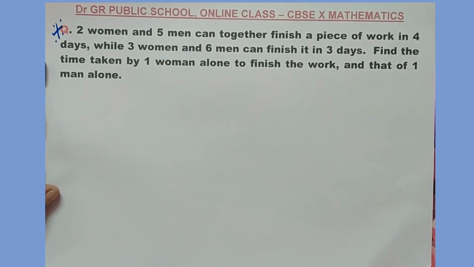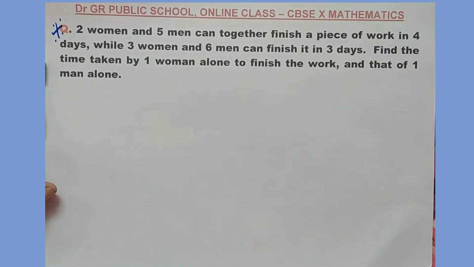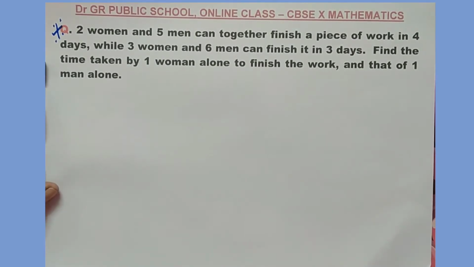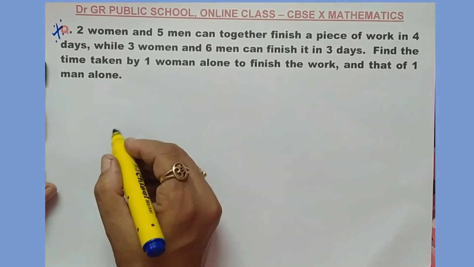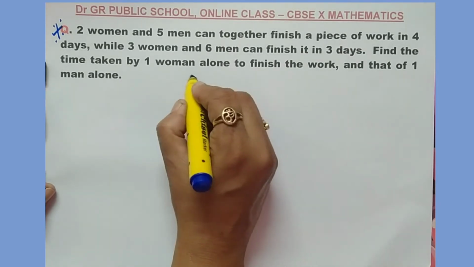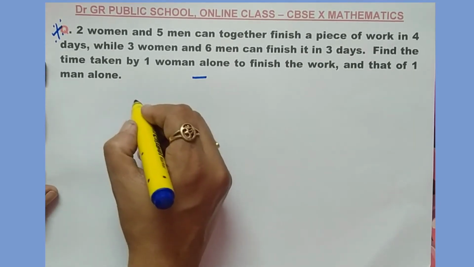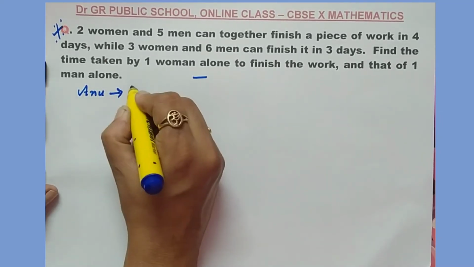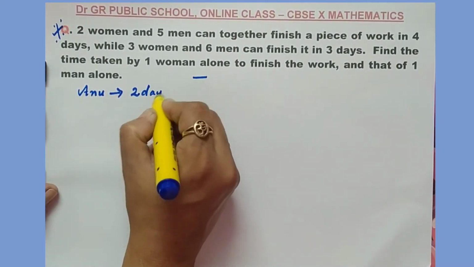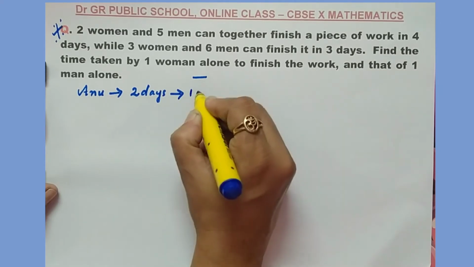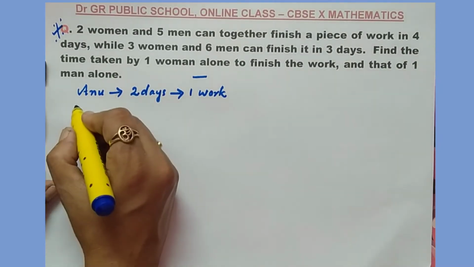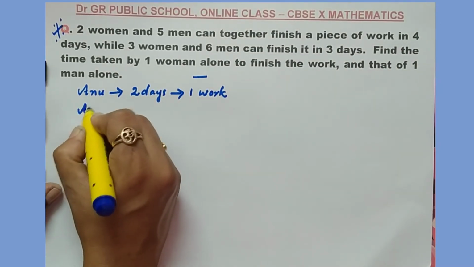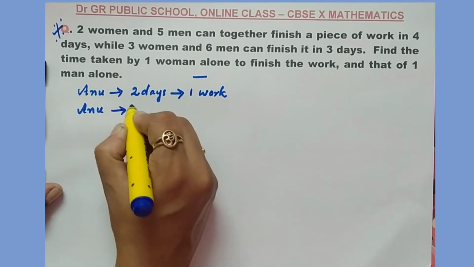Men and work question, very important because it has daily application. Before starting, I wish to give a small concept based on this. Suppose Anu takes 2 days to complete one work. Now my question is, can you say what about Anu's work in 1 day?